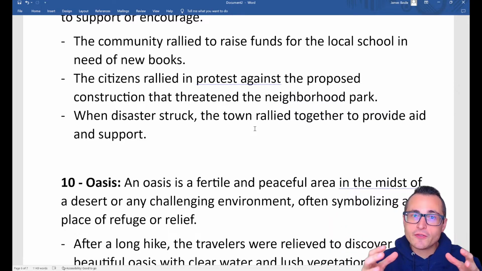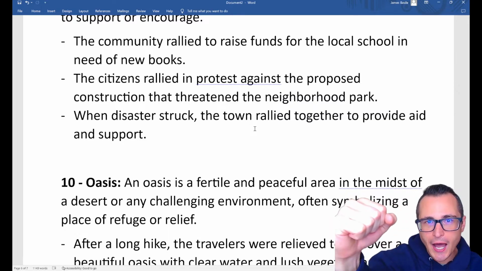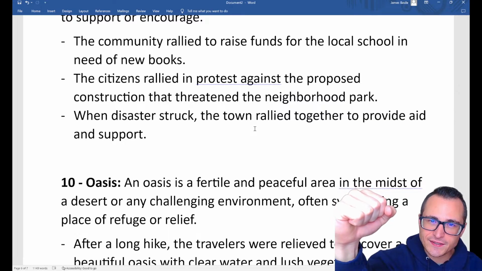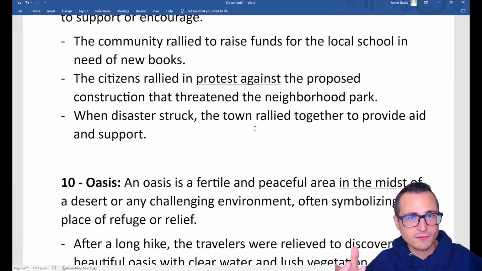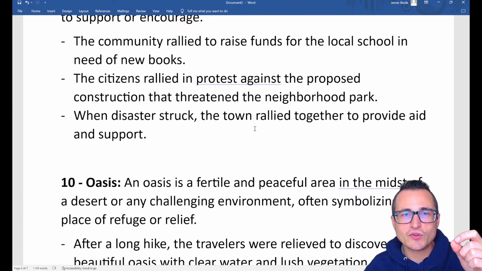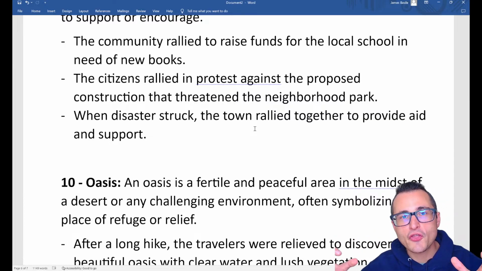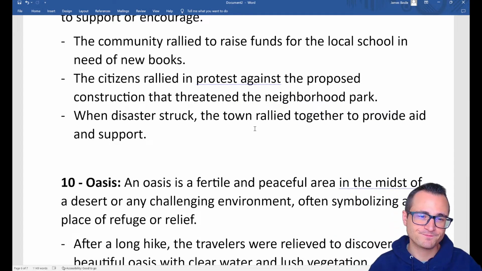They came together to stop, to protest against the construction. Why did they want to stop the construction? They wanted to stop the construction because it was going to remove the park in the neighborhood.